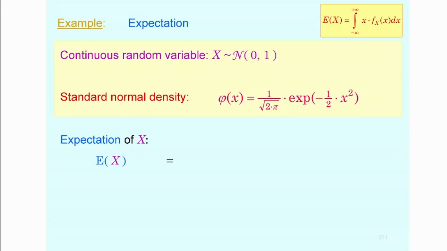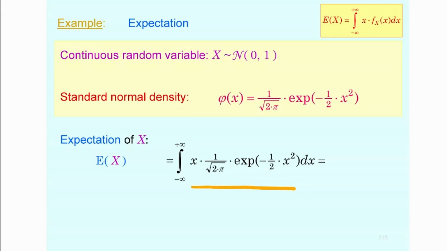So the expectation is going to be the integral on its whole domain, which is the set of real numbers in general. This is going to be x times the density of the standard normal distribution, integrated with respect to x. Now, in this case, this integral can be written in closed form.